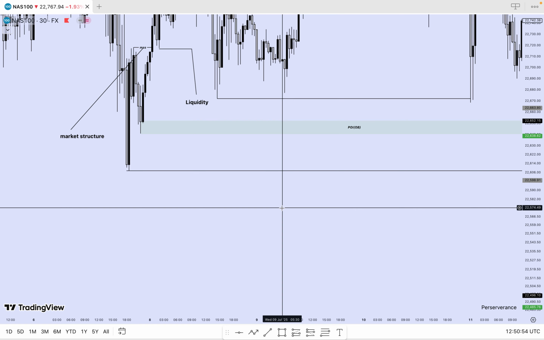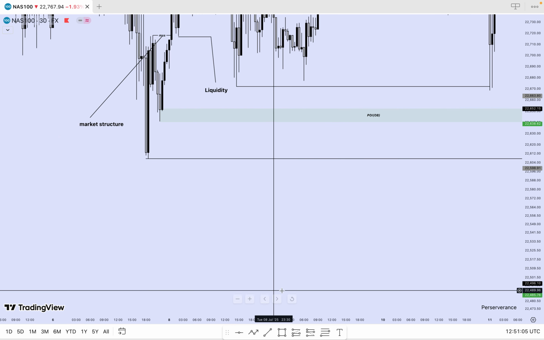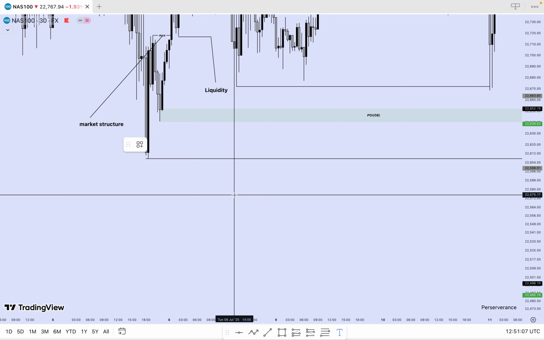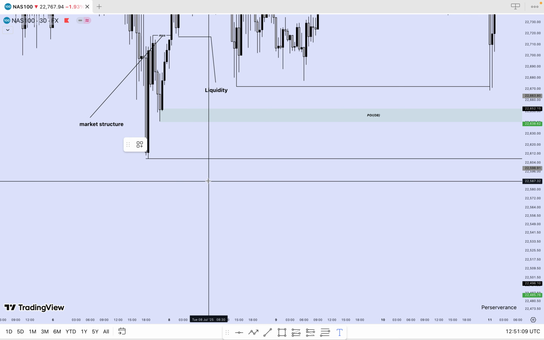Now there's a very vital rule you need to pay attention to when picking your point of interest. There are 4 rules you need to follow when picking your point of interest.